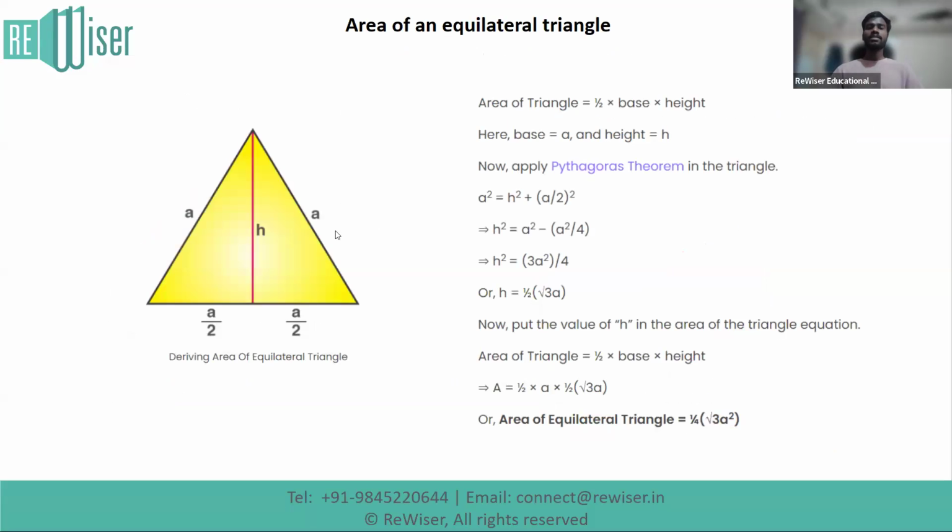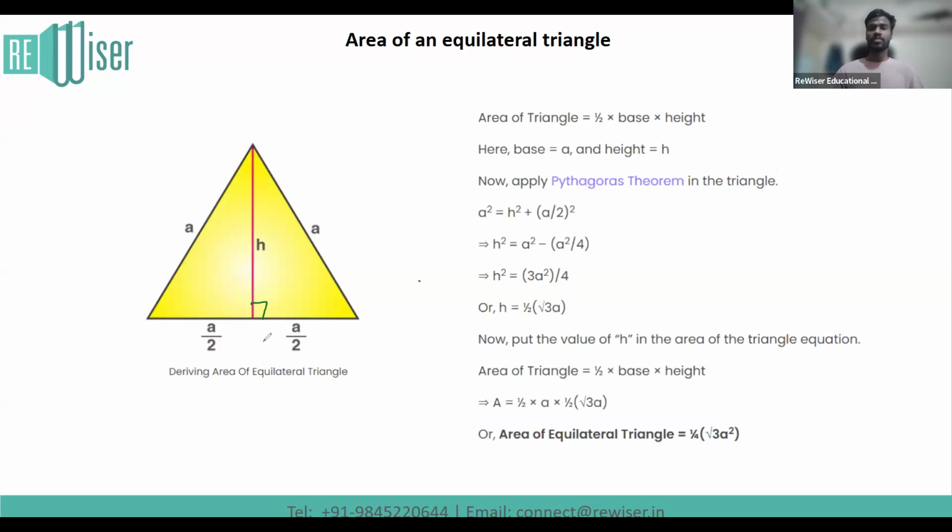Next, there are some properties about equilateral triangles. We have already seen that whenever we draw a median, that median is going to be perpendicular. Now, whenever just the side is given, we can find the area of the triangle using the formula root 3 by 4 times a squared.